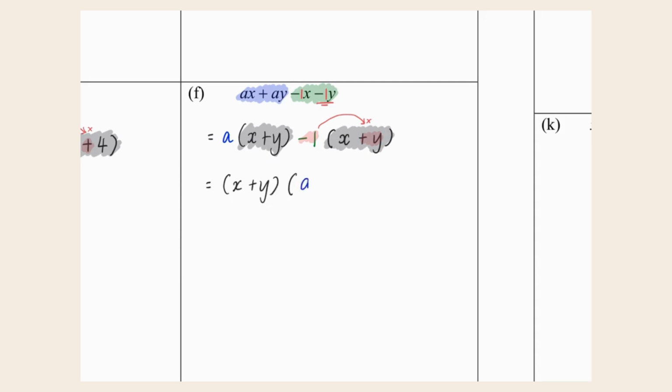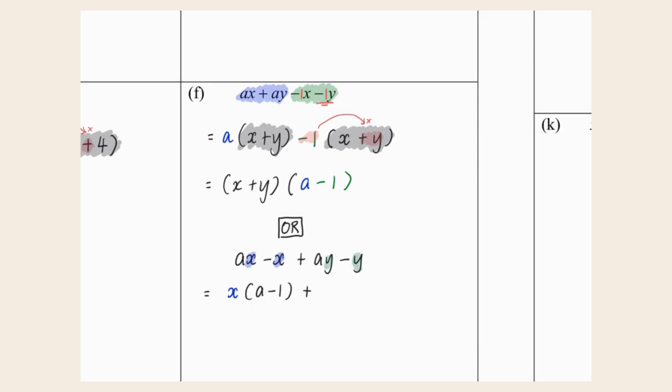And I'm left with a minus 1. Yeah? That's a second version of doing things, which I'm going to share with you now. If I were to rearrange the term with ax minus x, positive ay minus y, then I can see that my x will be the common factor, and I'm left with a minus 1.